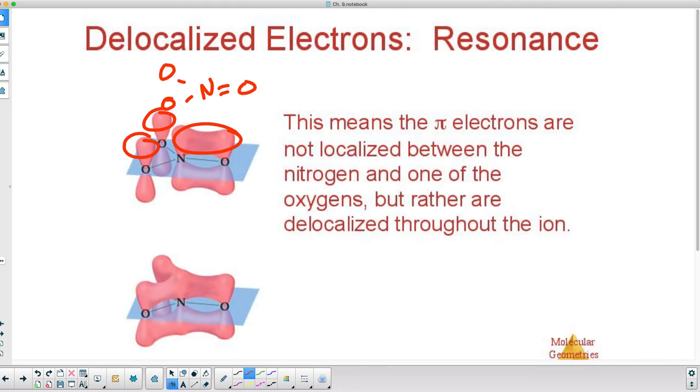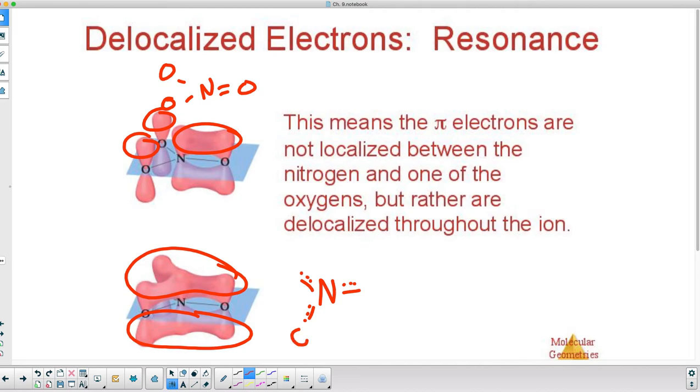And over here would be the combination of all 3 resonance structures, where now the electrons are gathered all up in there and all down below here. That would be like when I have the nitrogen like this, I have 1, 2, 3 kind of half bonds to all the oxygens like this. That's where the delocalized comes in.